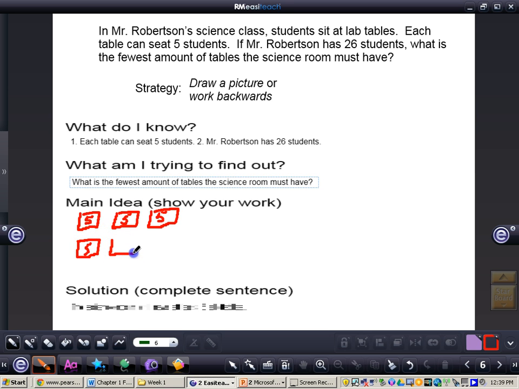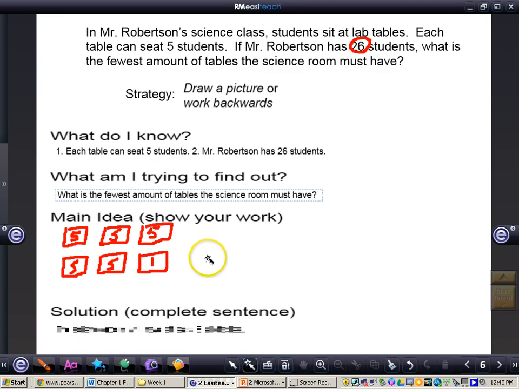Now this is 25 students here. Okay, however, we know that there are 26 students in the class, so this table would represent 1 student sitting there all by themselves. Okay, so we can see that there are 1, 2, 3, 4, 5, 6 total tables that are needed. Okay, so that would be our answer.